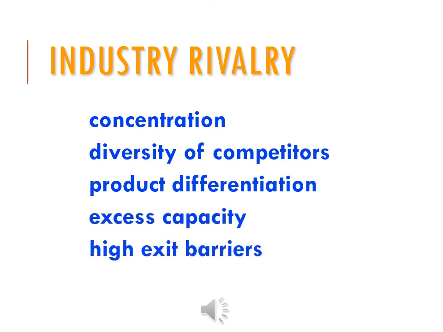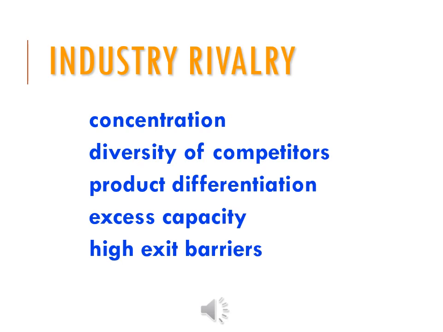Industry rivalry is more predominant if there's a concentration. Concentration means there are huge players, so you have two or three dominant players in the industry, and that is the concentration. Then there is diversity of competitors.